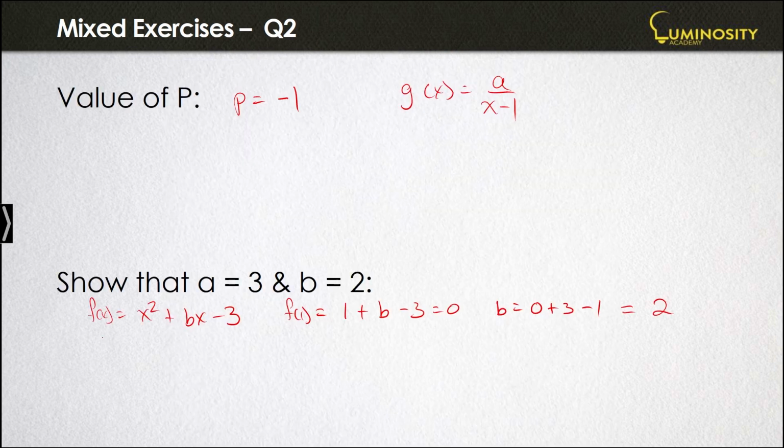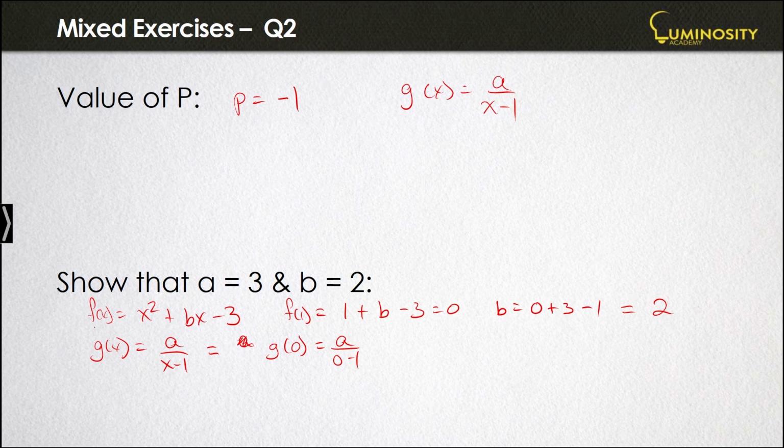So g of x equals a over x minus 1, and at g of 0 we have a over 0 minus 1. And this is going to be the same y-intercept as f of x.